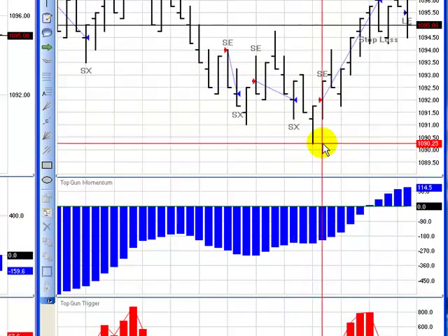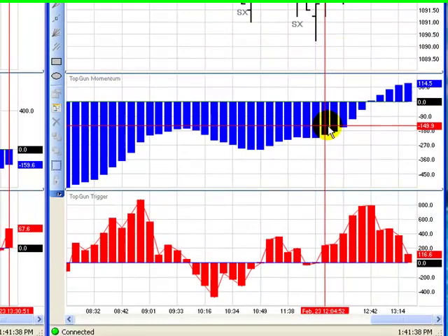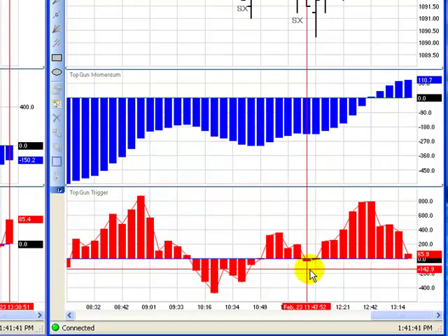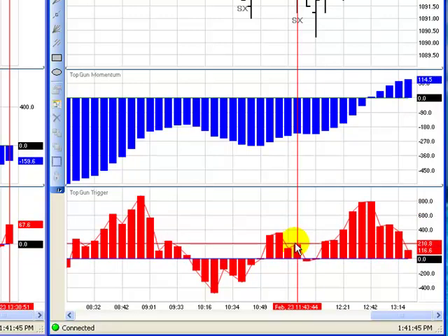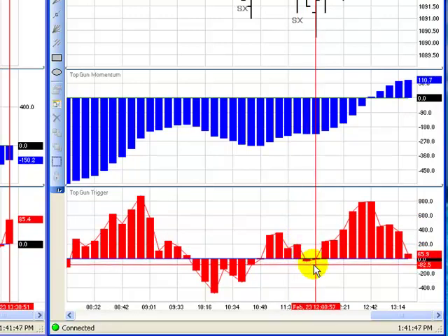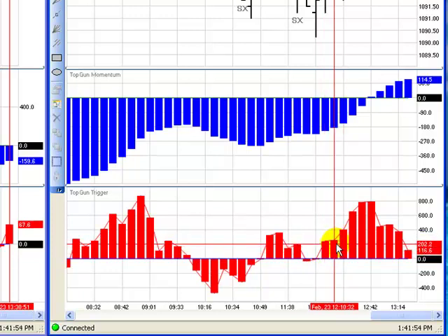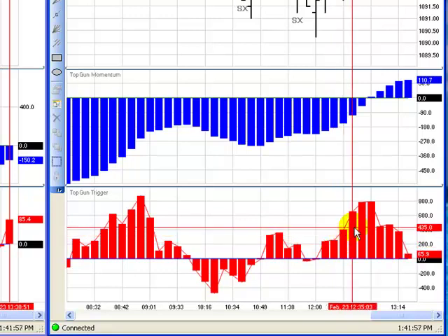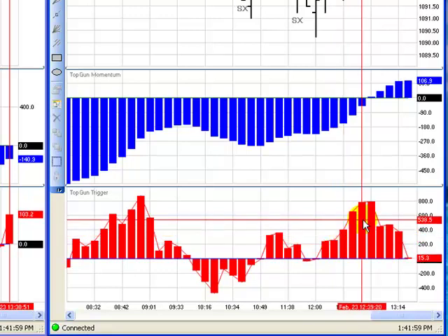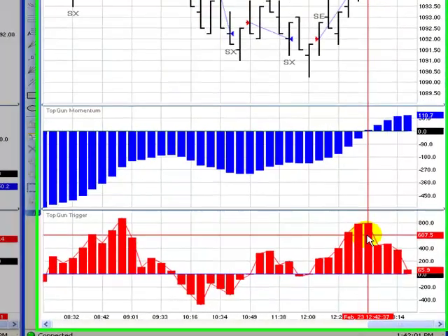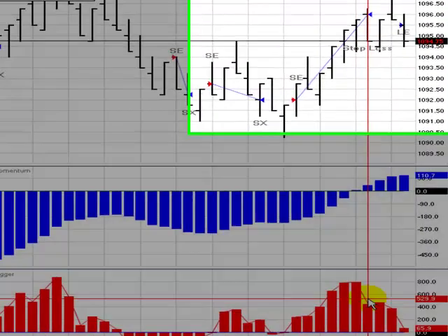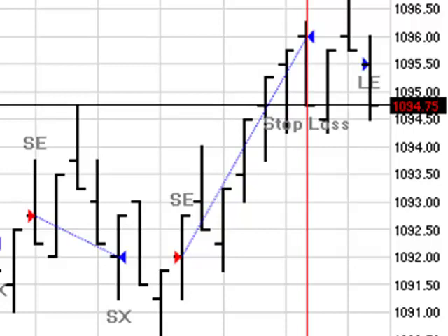Now look right here, and I'm going to point this out because we are still negative on our histogram. We get our triangle. Less negative, more negative, less negative. Next bar, we're in the trade, and it continues to be less negative, or in this case positive, positive, positive, building positively, and we actually end up getting stopped out exactly one bar before we would have gotten out.